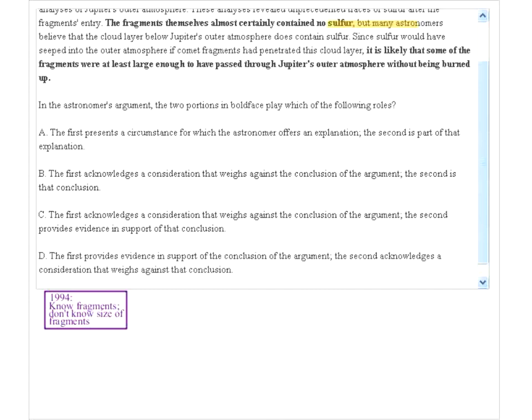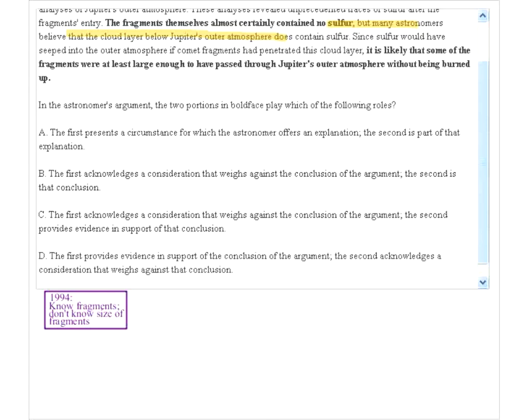We didn't originally know how big they are. Hopes of gaining some indication of how big they are. So we know this is important. We know that we want something to do with how big these fragments are. So you might want to just file that away in your mental register here.